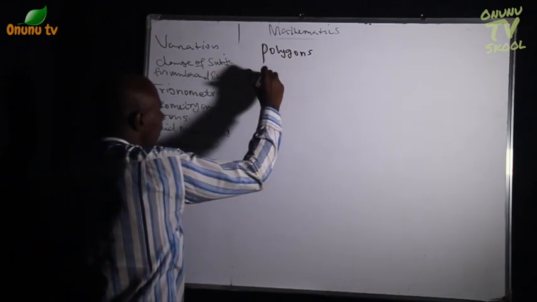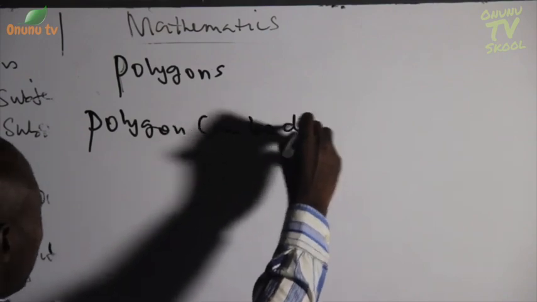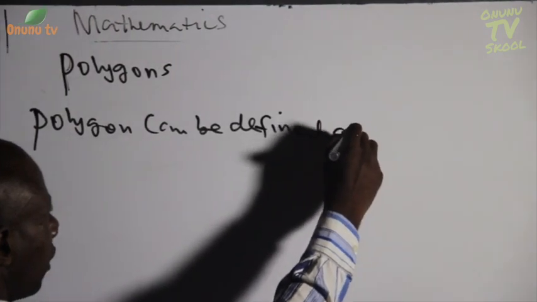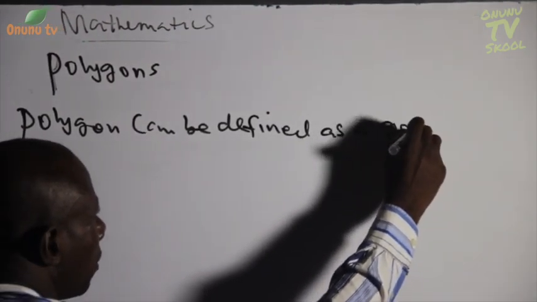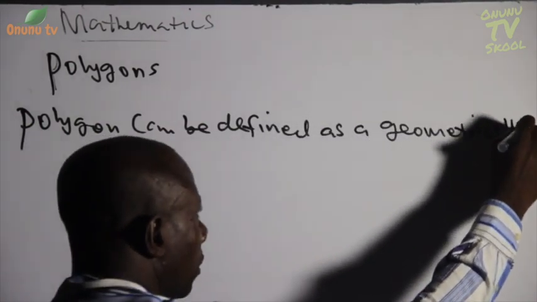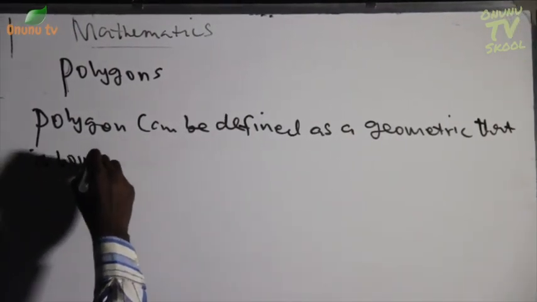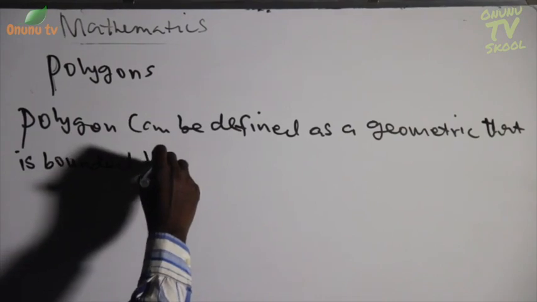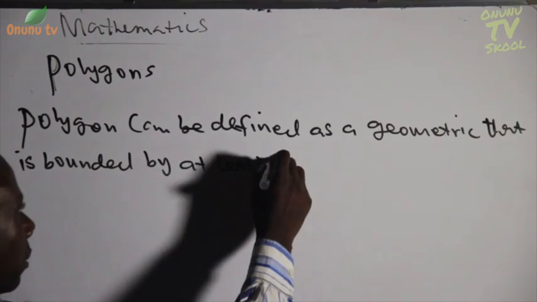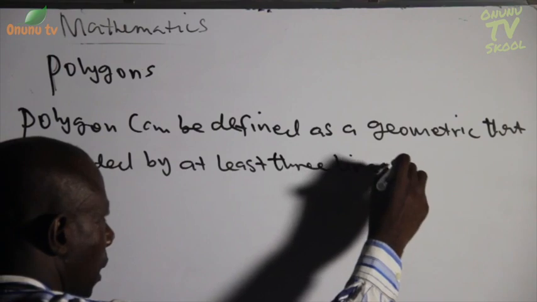Polygon can be defined as a geometric shape that is bounded by at least 3 lines.